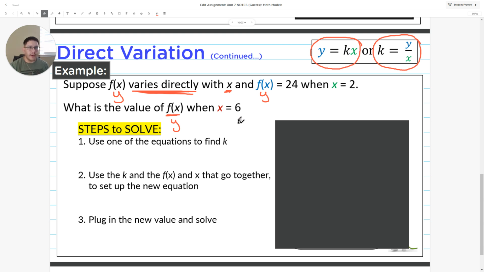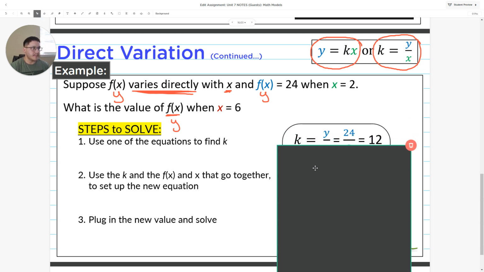Well, in order for us to figure out anything, we need to first find the k value, the constant k. We do that by using the first two numbers that we see right here. f of x is equal to 24 when x equals 2. It gives us the rule, the direct variation, how they're related to each other. We're going to use one of the equations to find k.